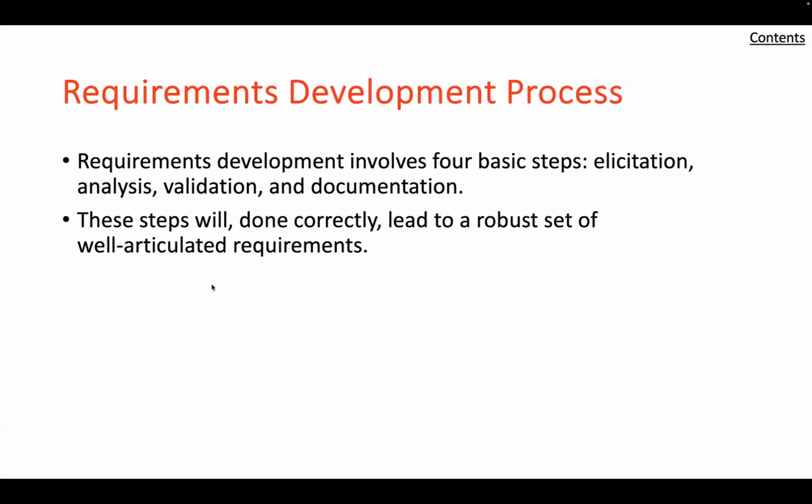Well, continuing on, let's talk about the requirements development process. As in all phases of the system development process, the first task is to understand thoroughly and, if necessary, clarify and extend the system requirements defined in the previous phase. In this case, the operational requirements.